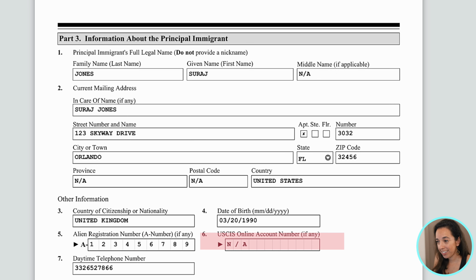And question 6 asks for his USCIS online account number. And once again, you'll receive this online account number after submitting these forms to USCIS. Question 7 asks for his phone number, and if your beneficiary doesn't have a phone number, you can just put down your number for the time being.